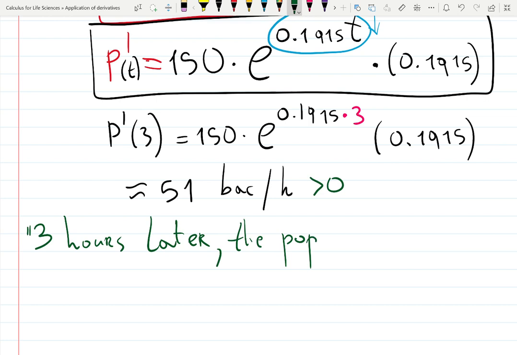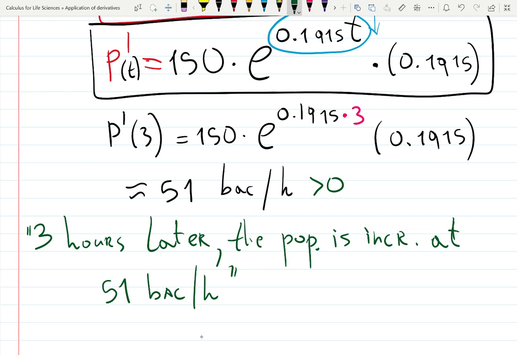So the population is increasing at 51 bacteria per hour. That's what it means. So at 3 hours, we found the number before. At any hour you can plug in, you'll get the exact number. But for the derivative, okay, what is the change at that particular moment?